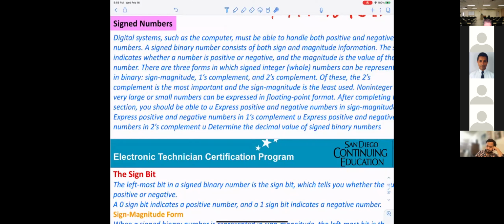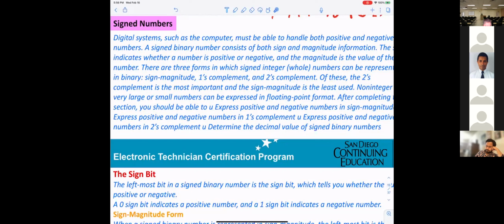There are 3 forms in which signed integer numbers can be represented in binary: sign magnitude, first complement, and second complement. Of these, the second complement is the most important, and the sign magnitude is the least used.